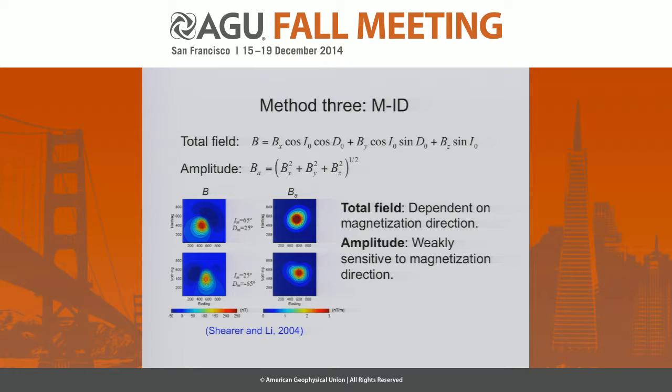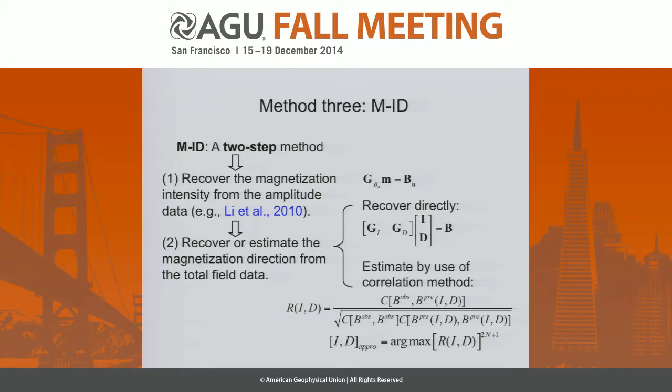For different inclinations and declinations, their total field data is different, but the amplitude anomalies are similar, and they only include positive values.